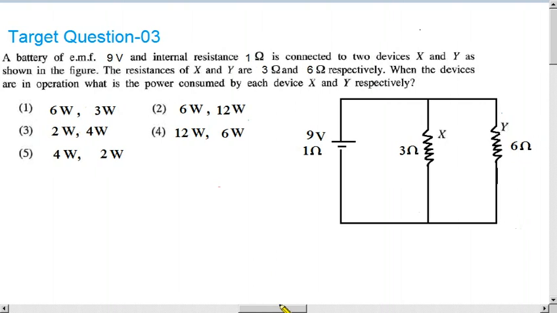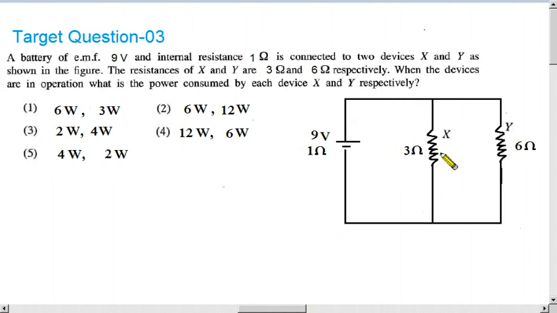First, by heart, the short method. The equivalent resistance is 2. 2 plus 1 is 3. 9 divided by 3 is 3 ampere. Here the current is 3 ampere. So it is divided in a 1 to 2 ratio.